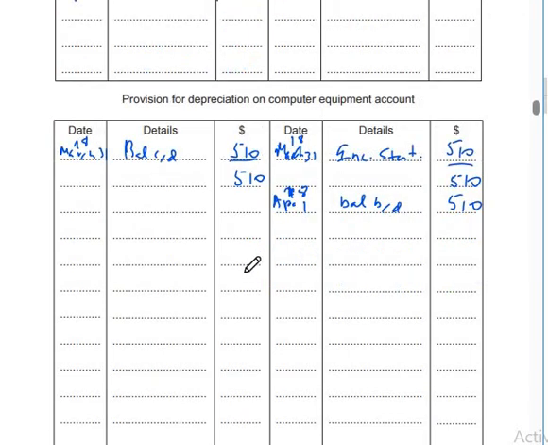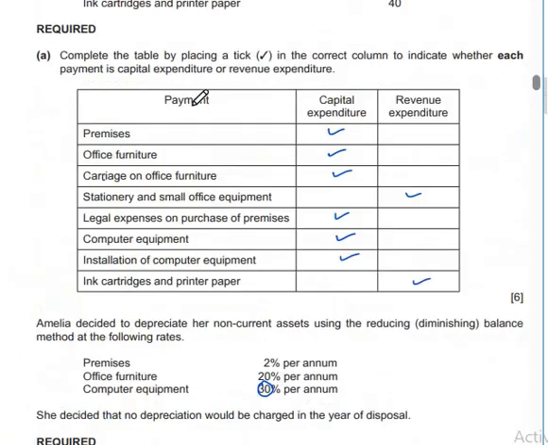Now, as we are going towards the second year, our second year ended on 31st March 2019. Again, we transfer to the income statement the depreciation for the year. Remember, our first depreciation is 510, and we are using the reducing balance method. So the cost is 1,700.